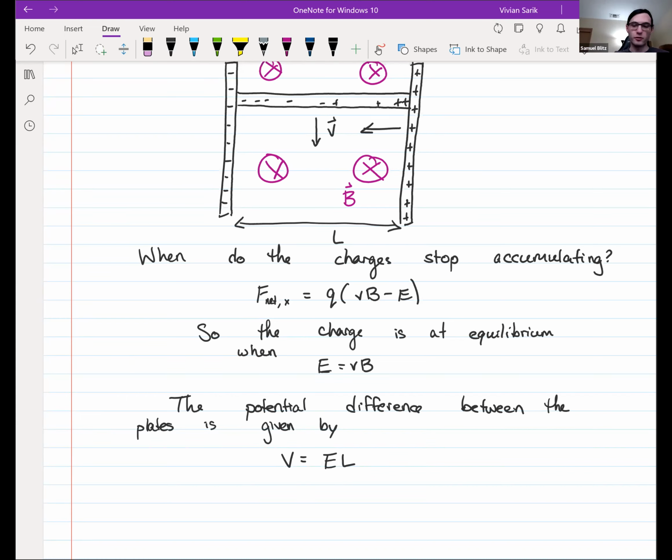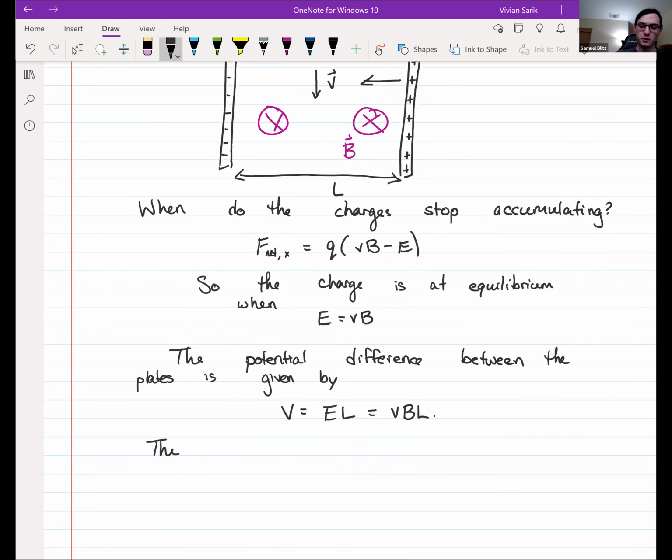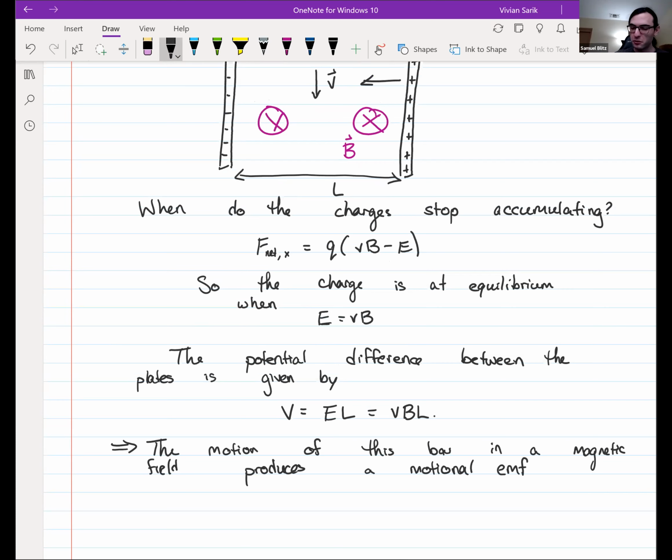So this is equal to V times B times L. So the point I'm getting at is that the motion of this bar in a magnetic field produces a motional EMF. That's what it's called. It's a technical name, motional EMF. Given by VBL.